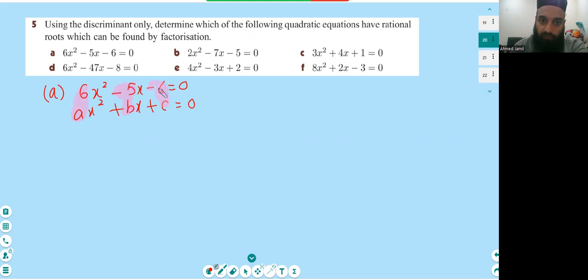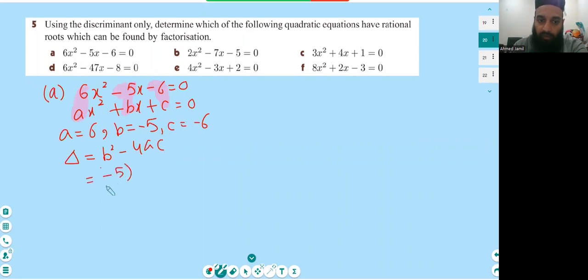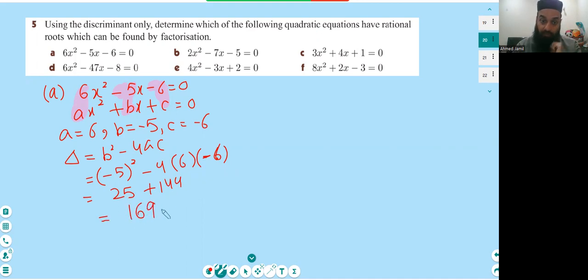And C equals -6. Now finding the discriminant, B squared minus 4AC. What is B? Obviously -5, and -5 squared minus 4 times 6 into -6. So we get 25 minus into minus plus, 4 6s are 24, 6 6s are 36, and into 4 is 144, right? So it will be 169.